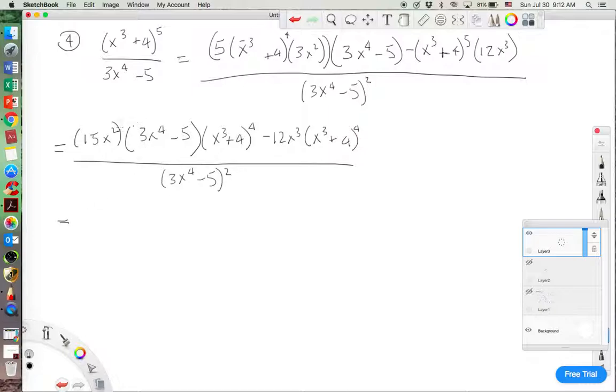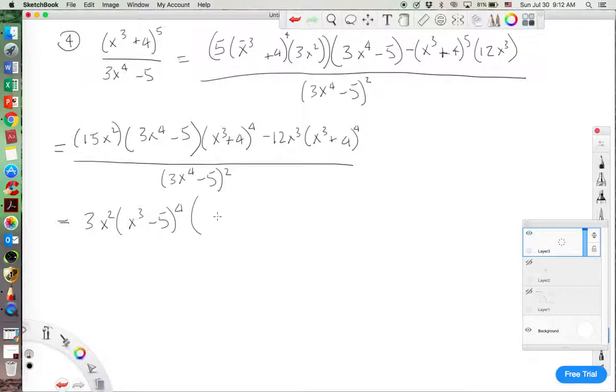Let's factor that top part. So we've got all of this times this minus this here times this. And what we get is, let's take out a 3. Common factor between 15 and 12 is 3. So we're going to take out 3x squared. We're going to leave an x cubed and a 4 here. We're going to leave a 5 here. So we've got that times x cubed plus 4 raised to the power of 4.